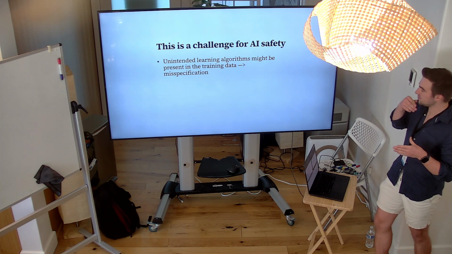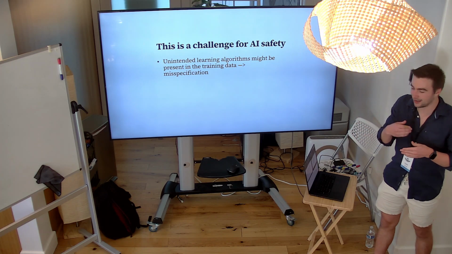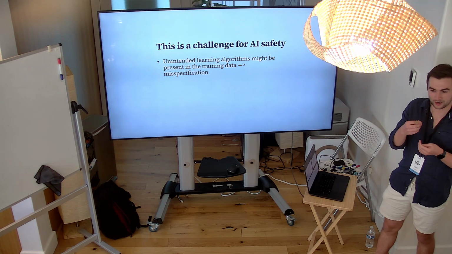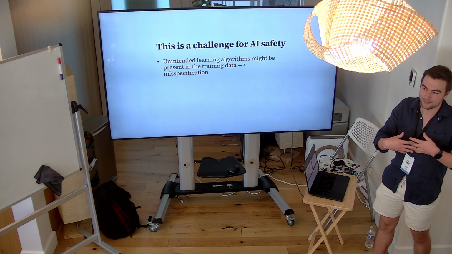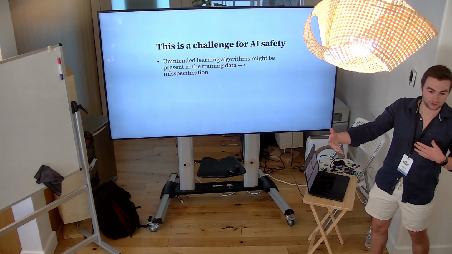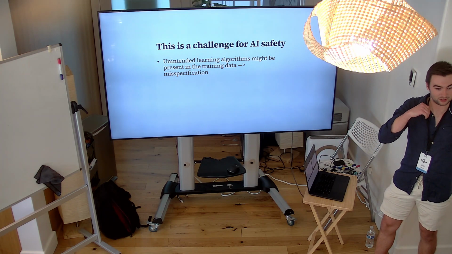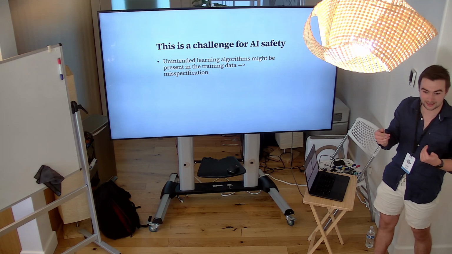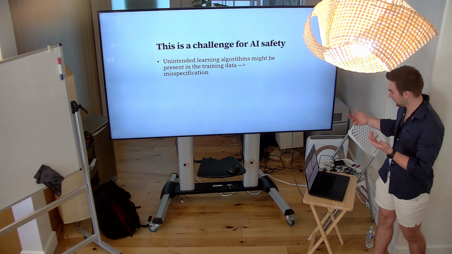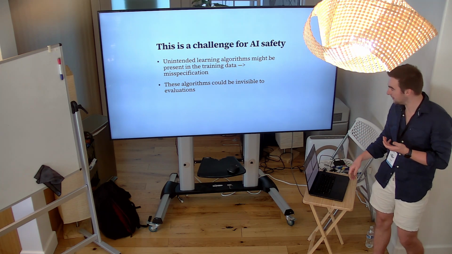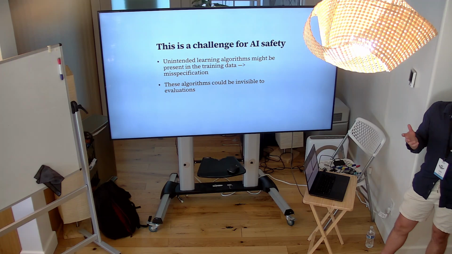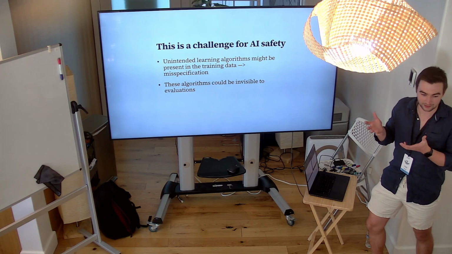So could there be unintended learning algorithms that we are accidentally asking the model to learn, that we, the trainers, did not actually intend to be in there? These kinds of algorithms could be invisible to evaluations.